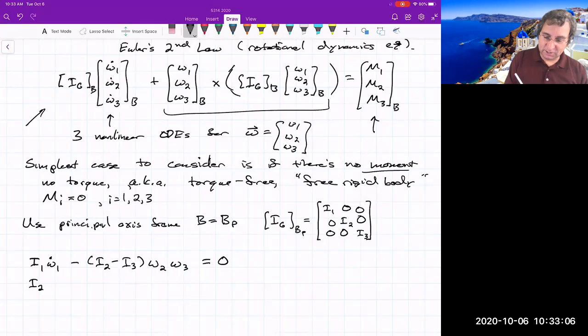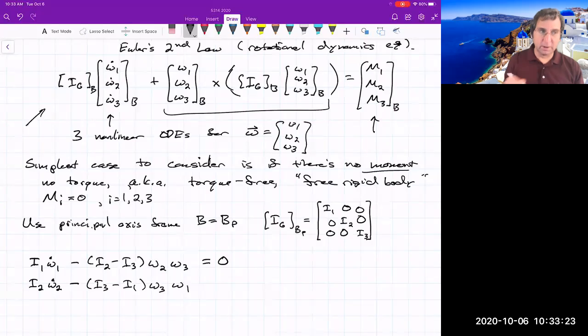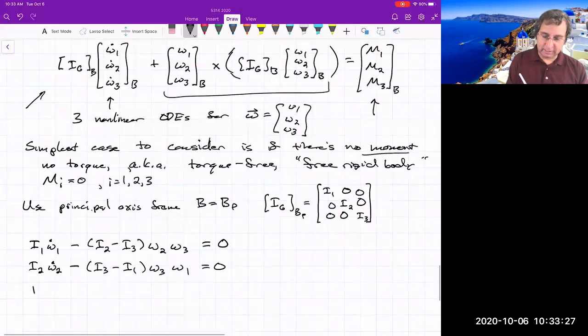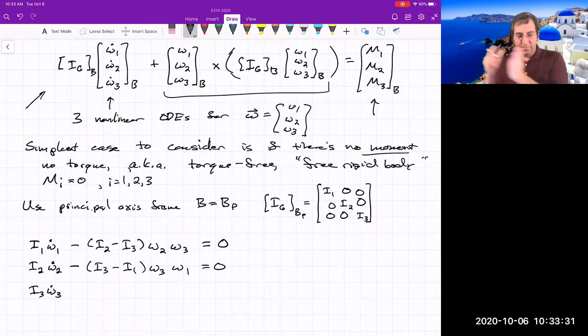So here we have I2, this is the second ODE, omega 2 dot, and we shift everything over by 1. We move the 3 to here, and then the 1, and this is omega 3 and omega 1, equals 0. The last ODE is I3 times omega 3 dot, shift everything over again.